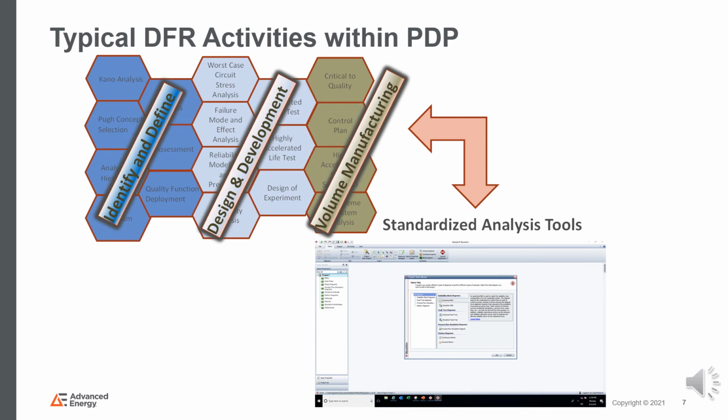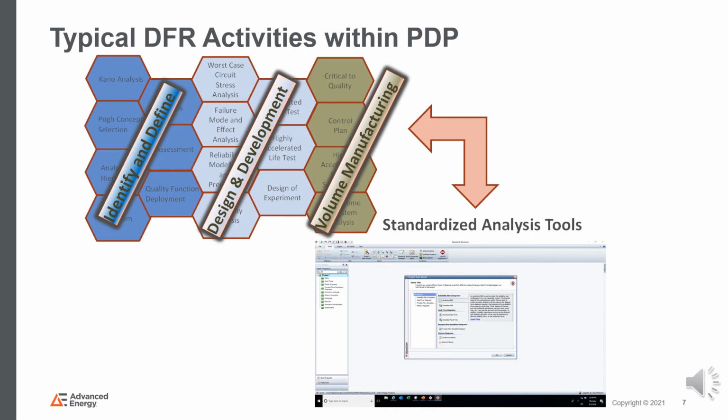These stages are broad segments within the product lifecycle. During the identify and define stage, depending on the changes being made to the product, a set of activities are performed to gather market requirements. Activities include competitive product analysis, customer use analysis, and product requirement analysis that would have impact on product reliability.